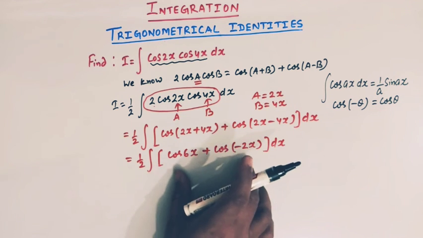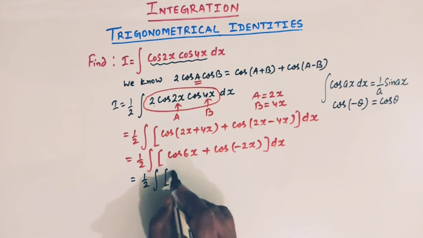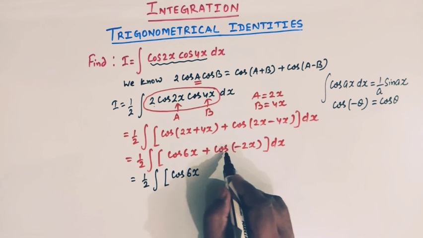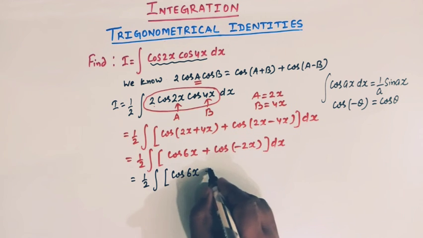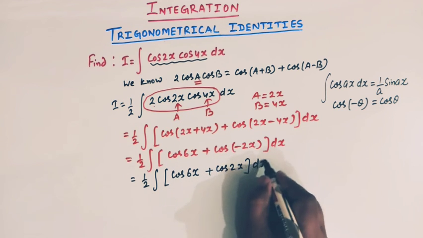So this expression can be written as half integral, here we have cos 6x, and cos of minus 2x is simply cos of 2x, so we'll write it as cos of 2x dx.